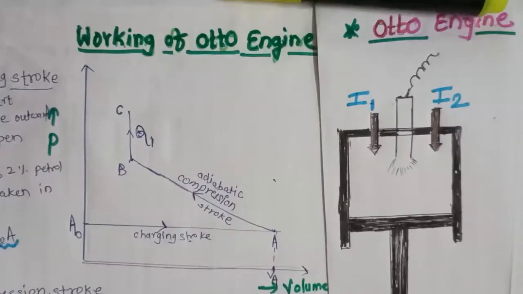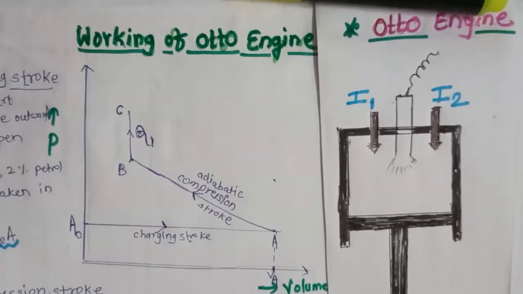Working of Otto engine. The working of the Otto engine is divided into 4 stages called the 4 strokes of the engine. The working is explained by using a graph, the Otto cycle.